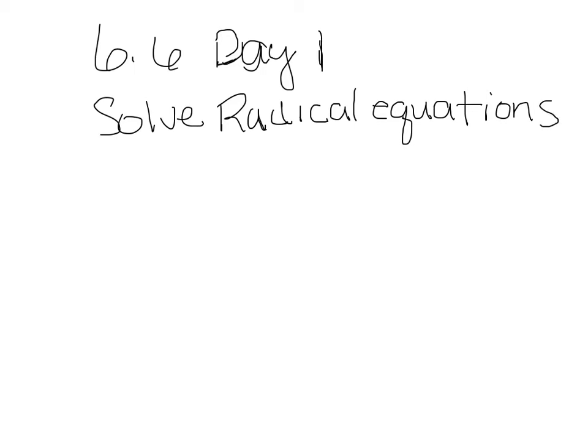All right, so first thing we're going to do is we're going to start with the steps. So make sure you write these down. So here are the steps. Step 1, get the radical by itself.